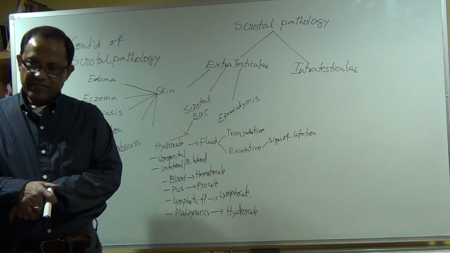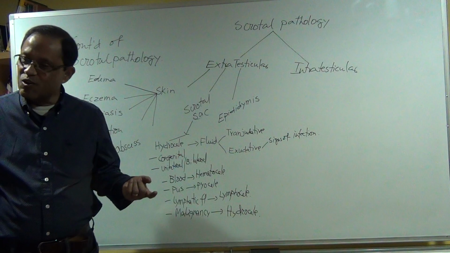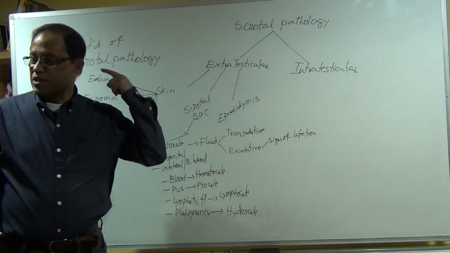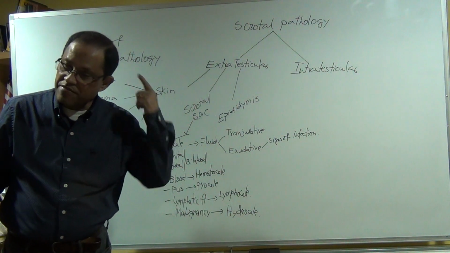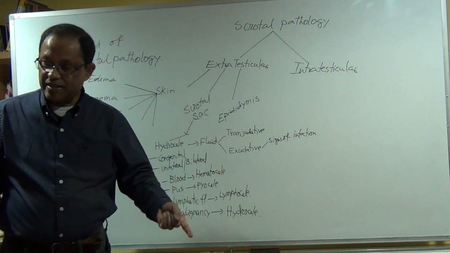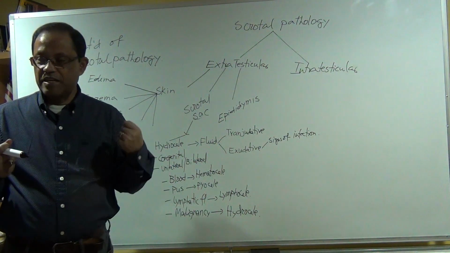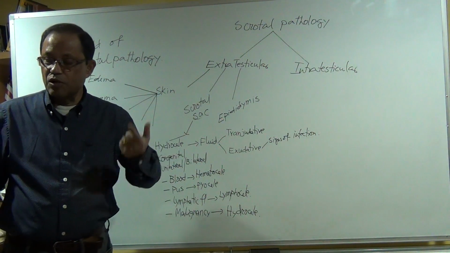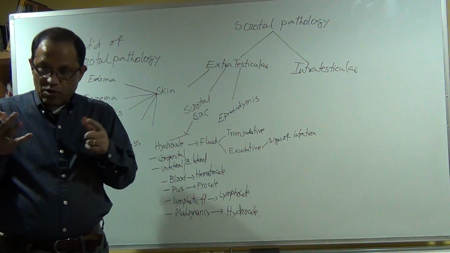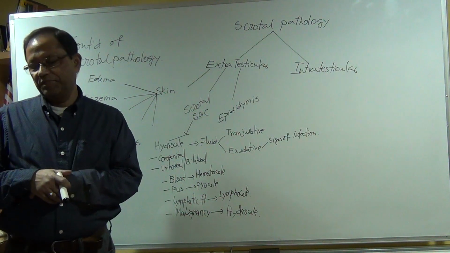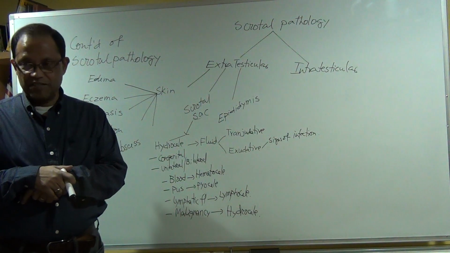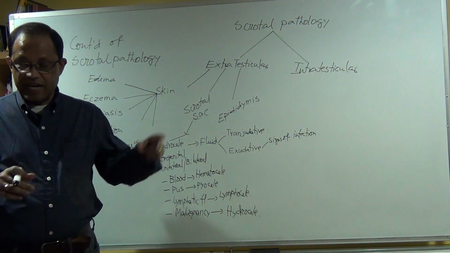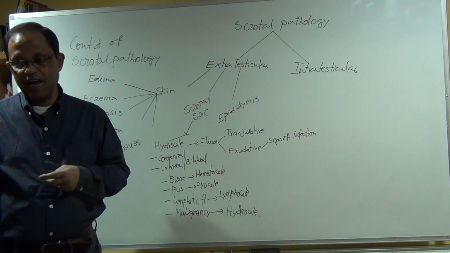Fever. Color, dolor, rubor, tumor, functio laesa. The patient will complain of high fever, pain, local temperature is hot, warm, congestion, and the organ will be swollen, enlarged, and lack of function. Okay, and the WBC count will be very high.